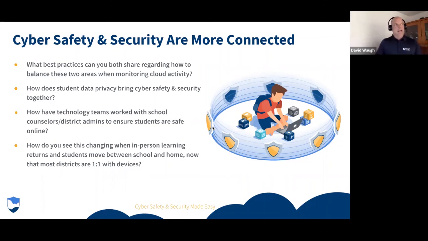Well, I agree with you on the change. I think everyone's changed, our whole world, but in the education world that we're talking about today, if there have been some silver linings from the pandemic, it comes back to the innovation.